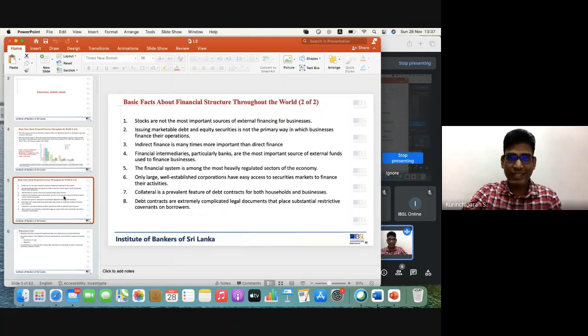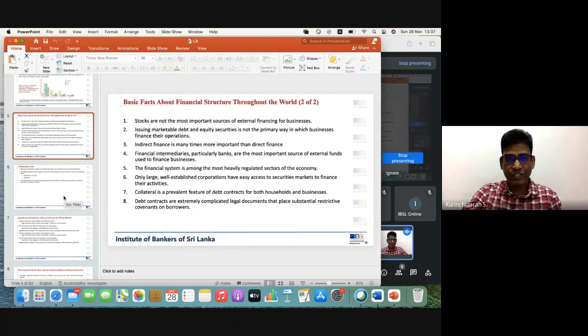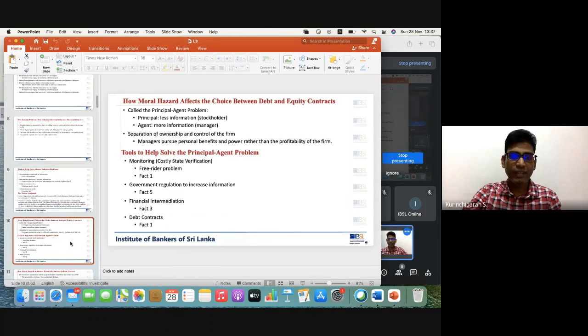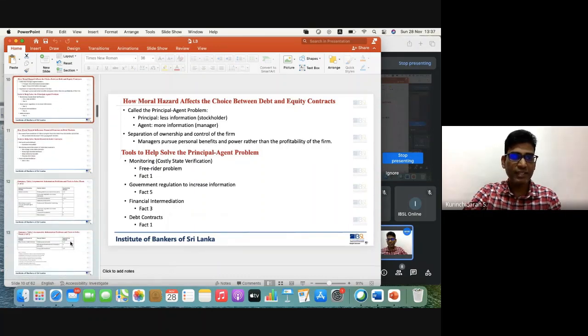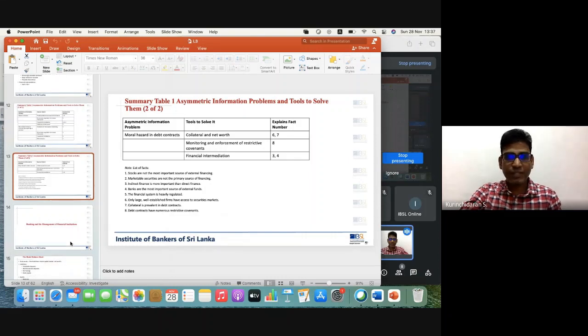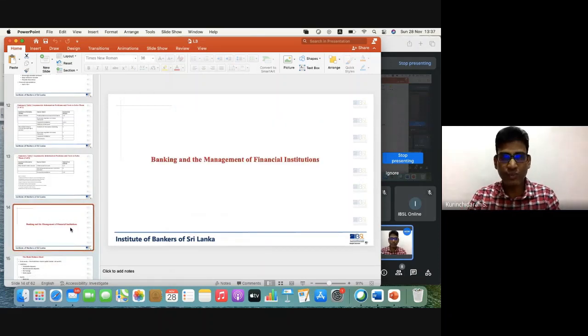And then we discuss adverse selection and moral hazard and the solutions for that, right? The base of this discussion was the 8 facts we discussed about the financial system, based on the structures. Okay, if you're clear on that, we can move on to banking and the management of financial institutions.